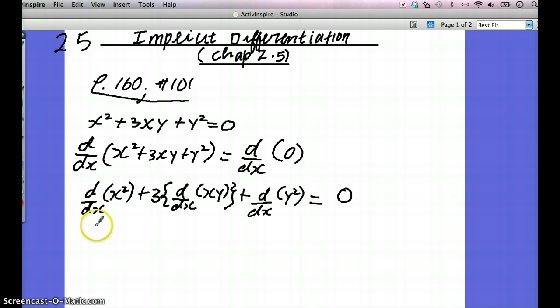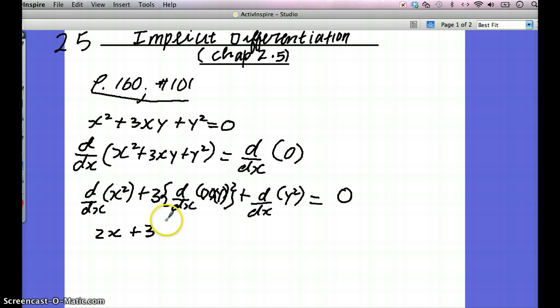Step by step now, derivative with respect to x of x squared, I'm sure you're shouting, I know what that is, that's 2x plus 3, and here's where we have to be very careful. This is one factor, which is the x, and the other factor is the y.